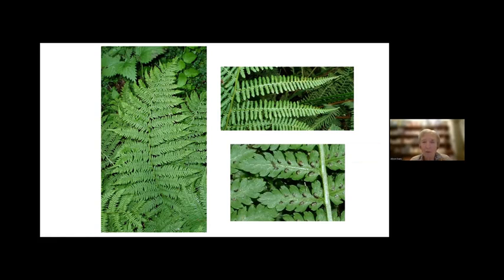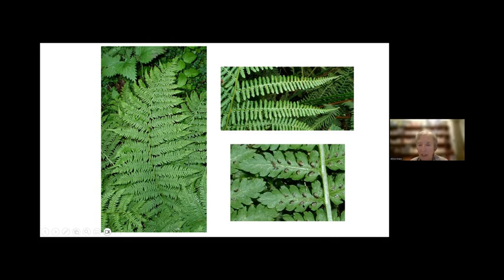Right, so moving on, we've done twice divided, and now we're into slightly more complicated territory. This one will key out whether you call it twice divided or 3 times divided in several keys. And the reason is the pinnules are divided a bit, not quite to the bottom, but in some plants it really does look as though it's 3 times divided.